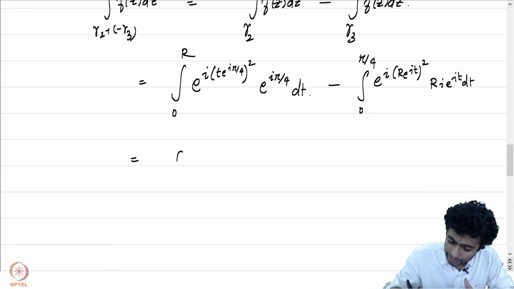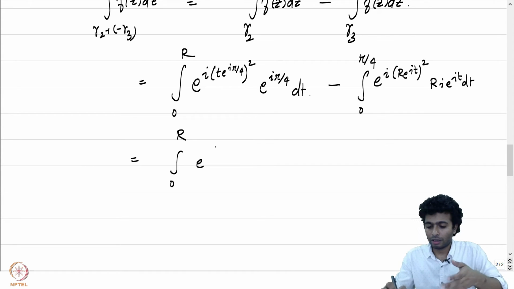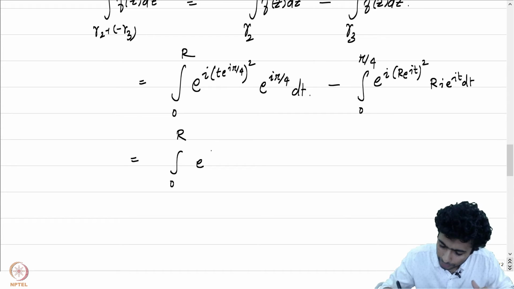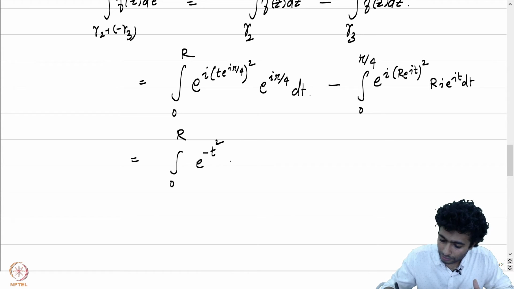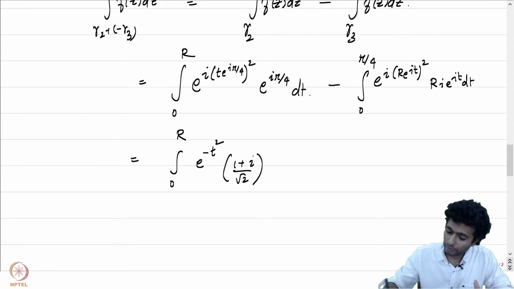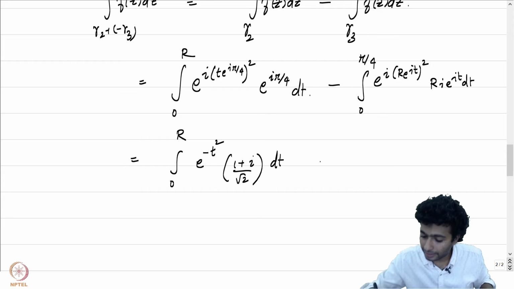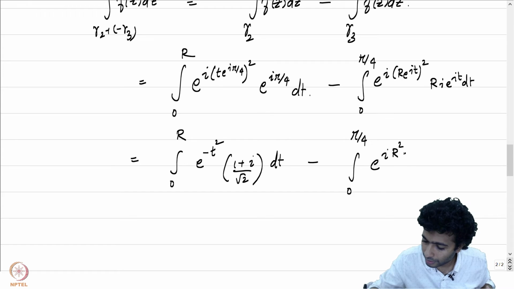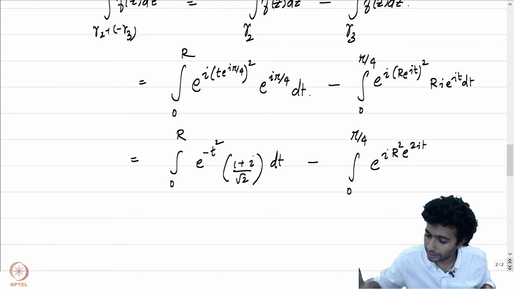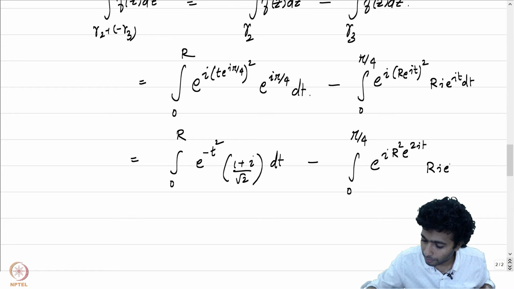This is equal to the integral from 0 to r of e to the power minus t square, because i into i, e to the power i pi by 4 the whole square is e to the power i pi by 2. I'll just leave it to you to check this. And e to the power i pi by 4 is going to be 1 plus i by root 2 dt. And how about the second term? This is just going to be 0 to pi by 4, e to the power i r square e to the power 2 i t into r i e to the power i t dt.